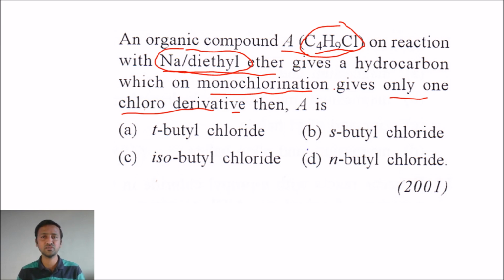The condition is that it forms a hydrocarbon which on monochlorination gives only one chloro derivative. So the product obtained upon Wurtz reaction should have all equivalent hydrogen atoms, or only one type of hydrogen atoms.